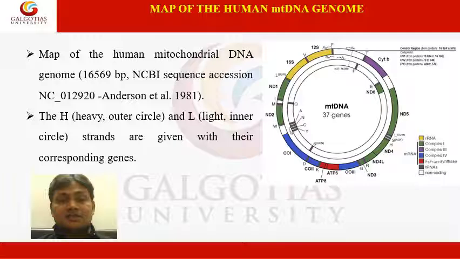The H heavy outer circle and the L light inner circle strands are given with their corresponding genes in the picture.